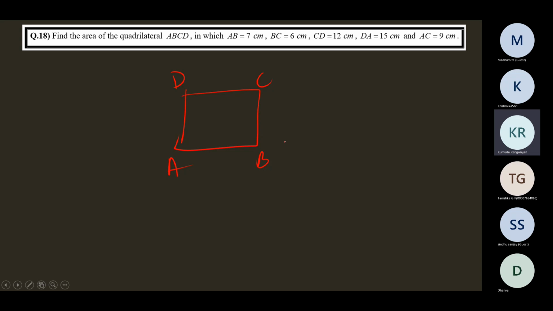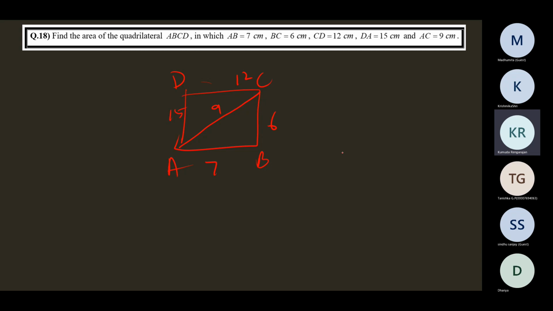You can erase it after you make the real rough diagram. So ABCD, then AB is 7, BC is 6, CD is 12, DA is 15, AC is 9. Now try to make a rough diagram using this.